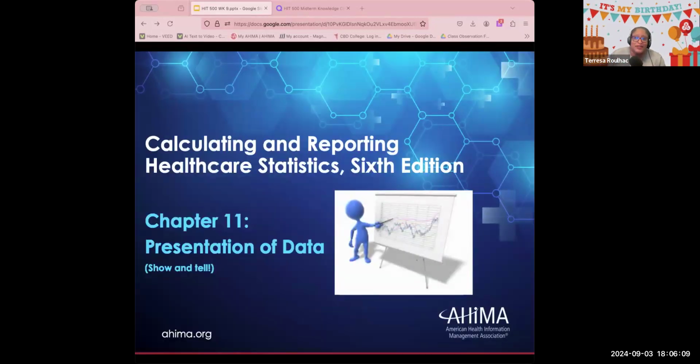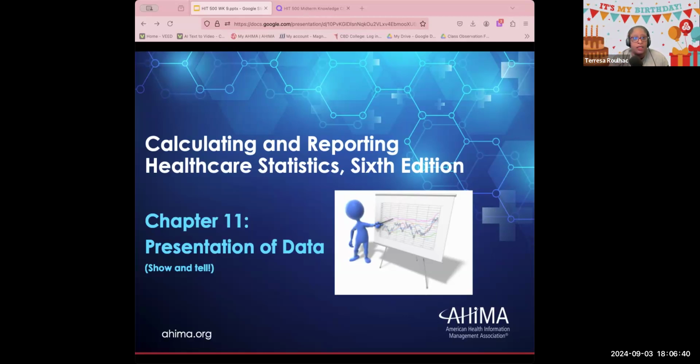All right, now in chapter 11, we are presenting data. I'm going to set this up. You're a healthcare policymaker, and you're presented with 2 sets of data on the effectiveness of different treatments for a particular condition. Set A is neatly organized, visually appealing, and easy to interpret.